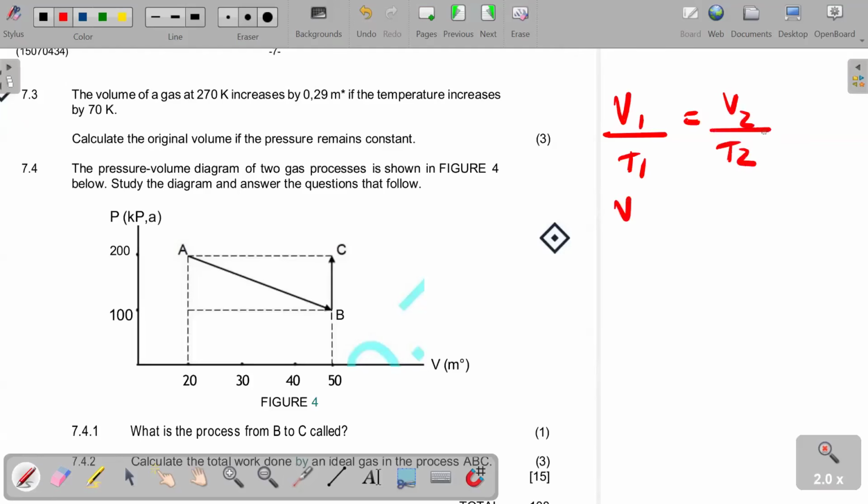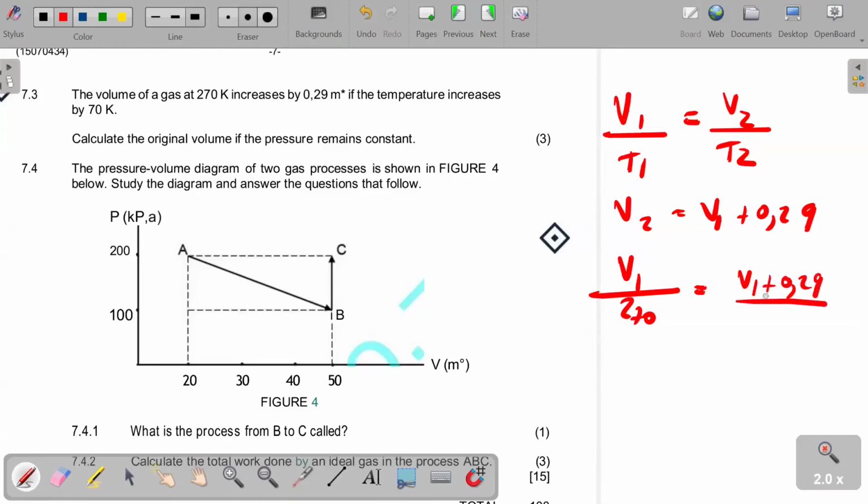We can substitute, but we don't have V1. We apparently have the change in the volume. So V2 is simply equal to V1 plus 0.29. It means V1 over 270 is equal to V1 plus 0.29 over 270 plus 70, that's 340.